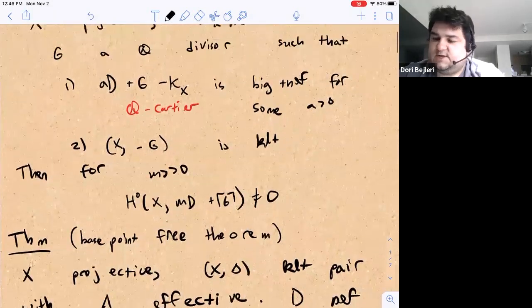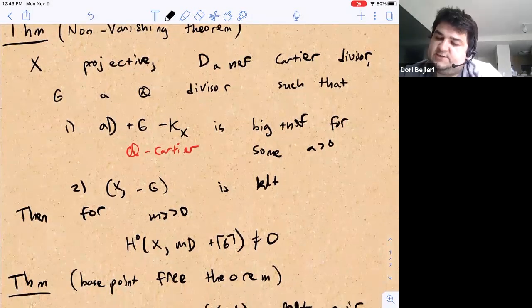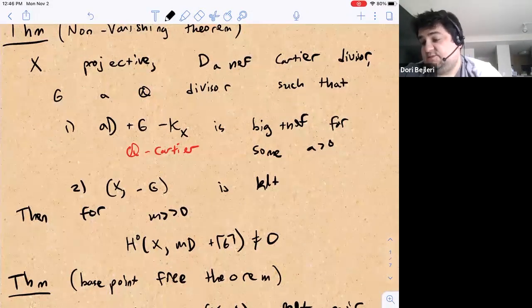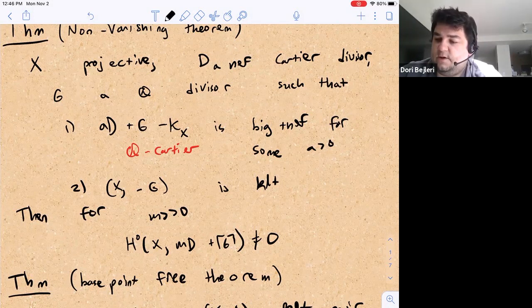Non-vanishing says that we can produce sections for these divisors of the form MD plus the roundup of some G, where −G is some KLT boundary, and where this assumption is satisfied for the KLT pair (X, −G).